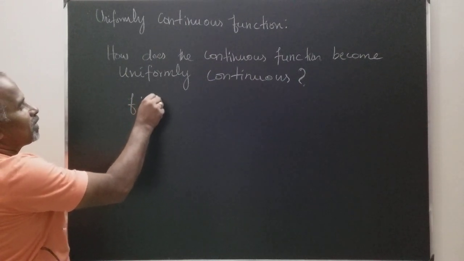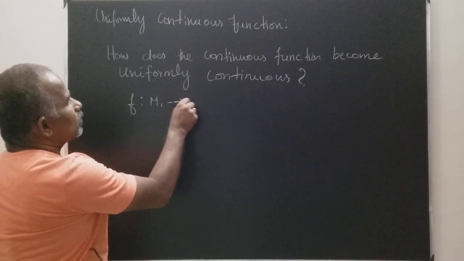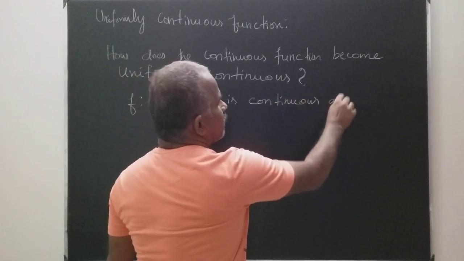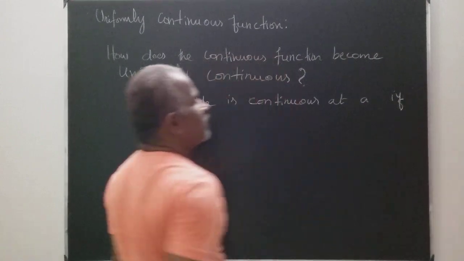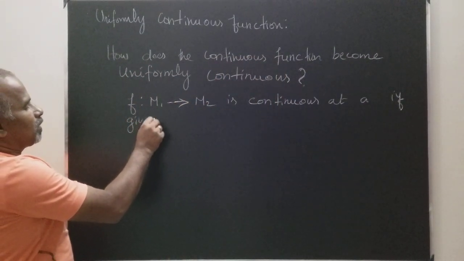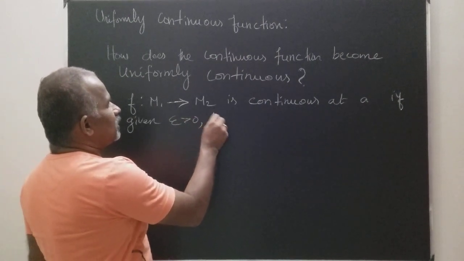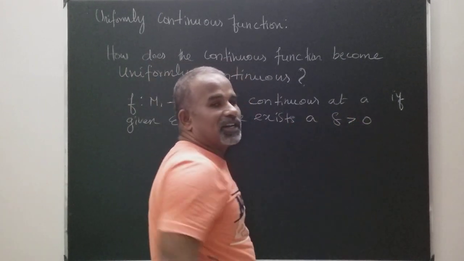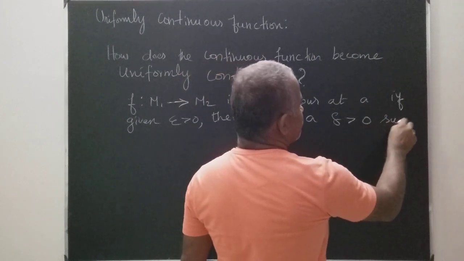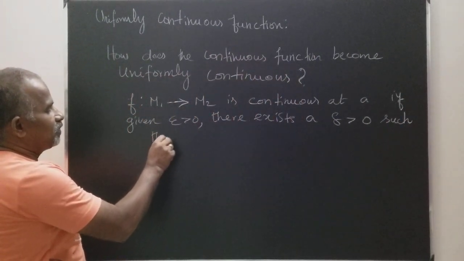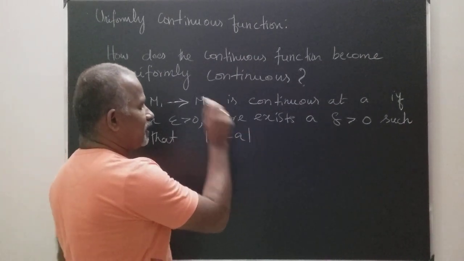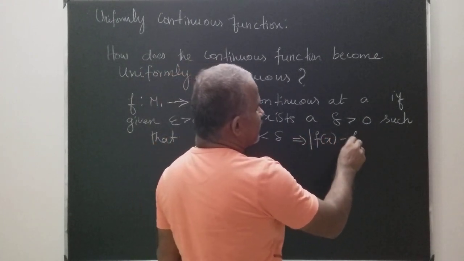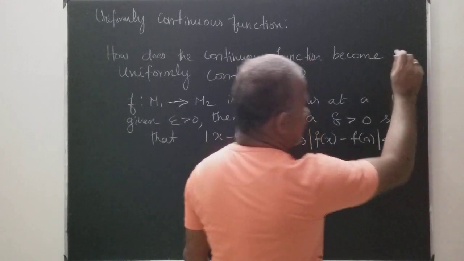f from M1 into M2 is continuous at a if, given epsilon greater than 0, there exists a delta greater than 0 such that modulus of x minus a is less than delta implies modulus of f of x minus f of a is less than epsilon.